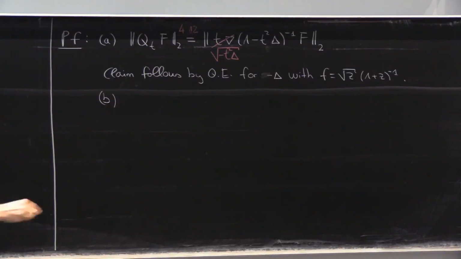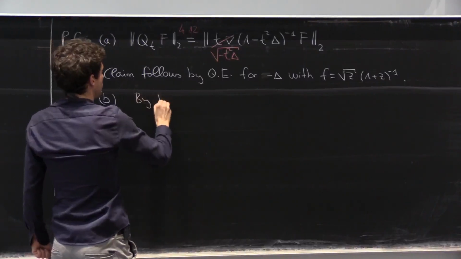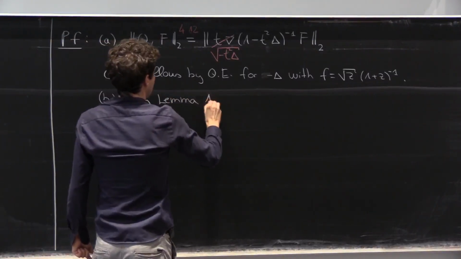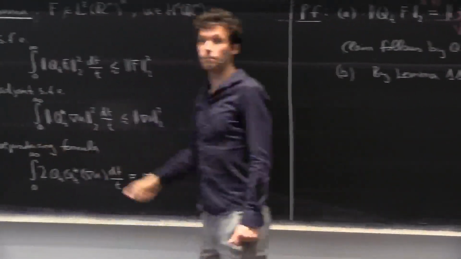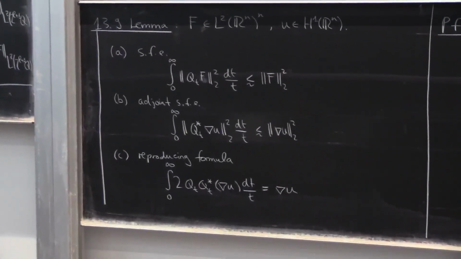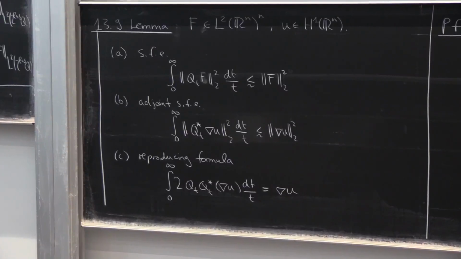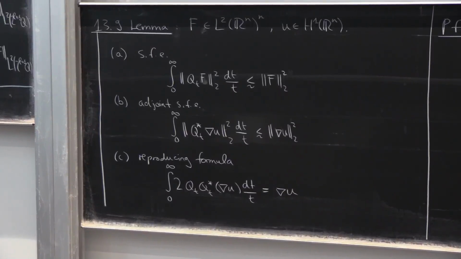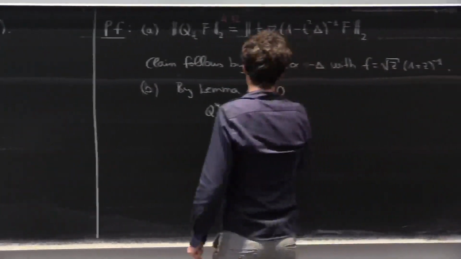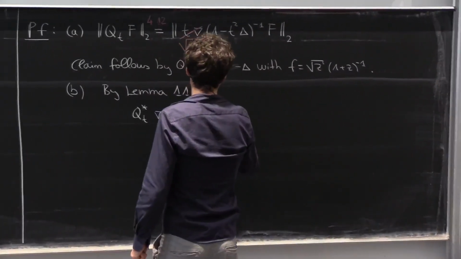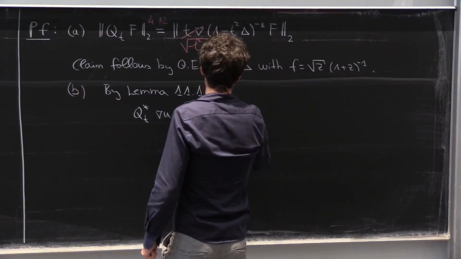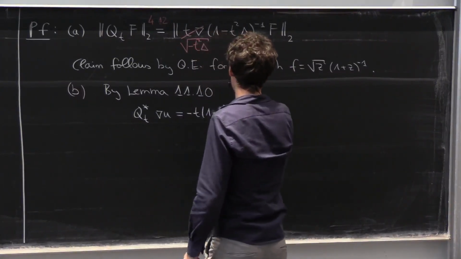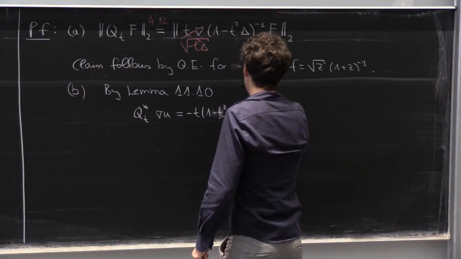So if I want to do the adjoint formula, I use Lemma 11.10 in order to be able to compute the adjoint. And the lemma says the adjoint is given by the gradient family. So it's minus t times 1 minus t squared delta to the minus 1 divergence.